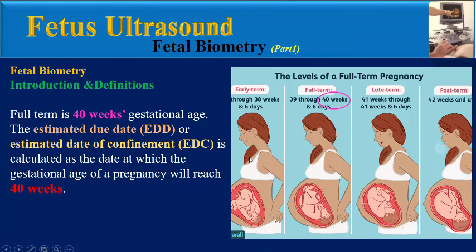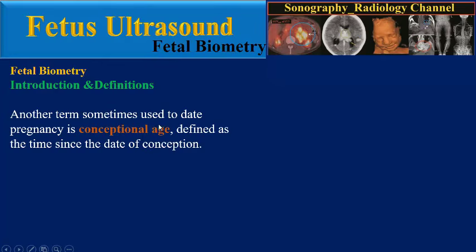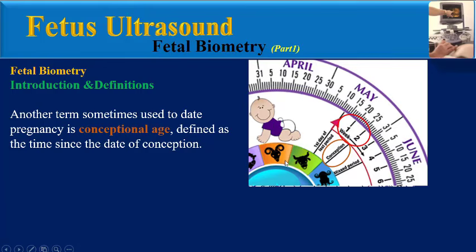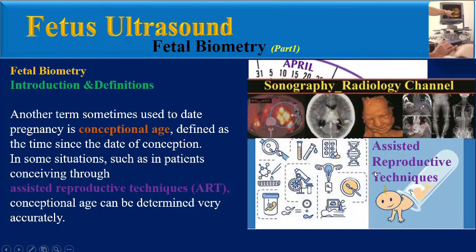The estimated due date or estimated date of confinement is calculated as the date at which the gestational age of a pregnancy will reach 40 weeks. Another term sometimes used to date pregnancy is conceptional age, defined as the time since the date of conception. In some situations, such as in patients conceiving through assisted reproductive techniques, conceptional age can be determined very accurately.